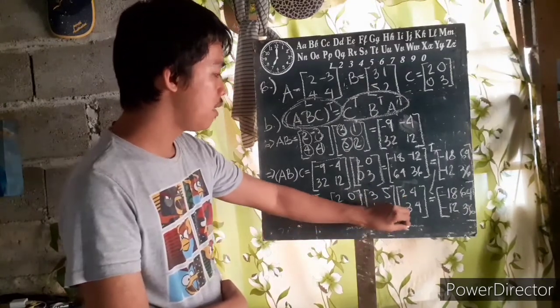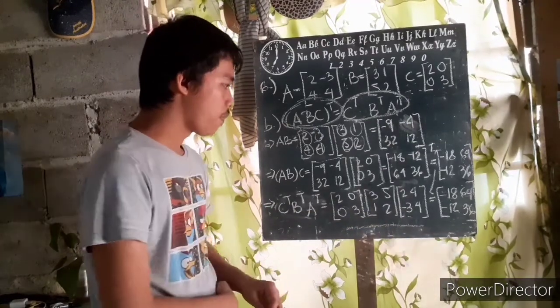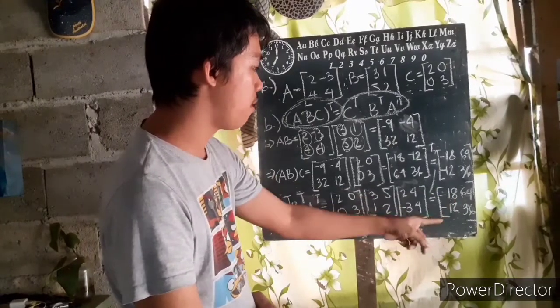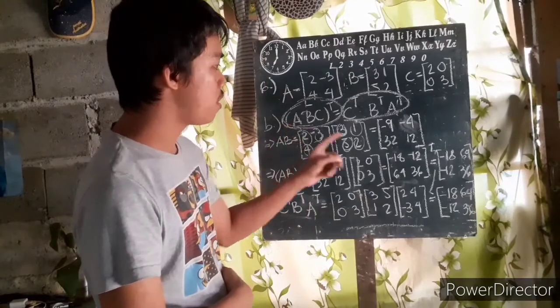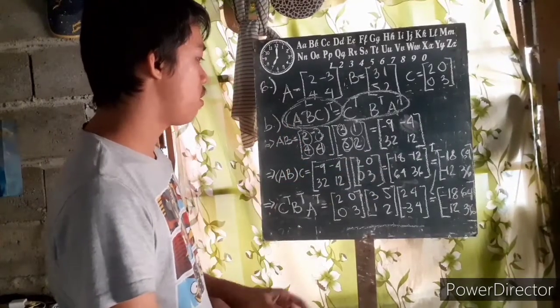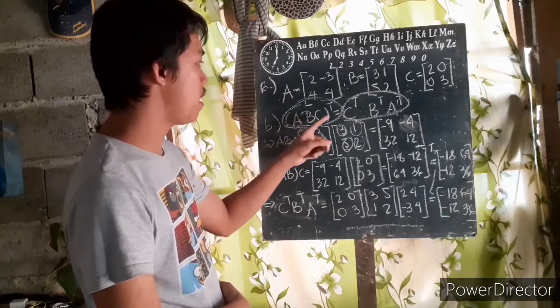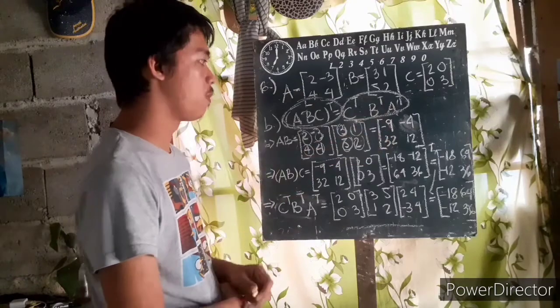Then multiply the three matrices, and we get the answer of negative 18, 64, negative 12, and 36. Since the two expressions have the same result, the transpose of ABC equals the transpose of C times the transpose of B times the transpose of A is true.